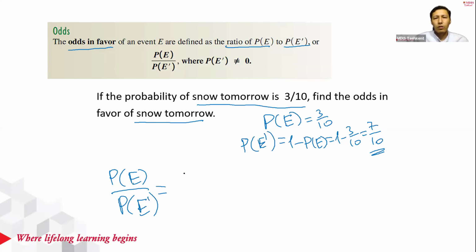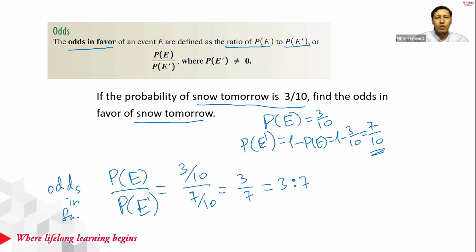So if you find odds in favor, it equals 3 over 10 to 7 over 10. That's equal to 3 divided by 7, or you can write 3 to 7. This is odds in favor of snow tomorrow.